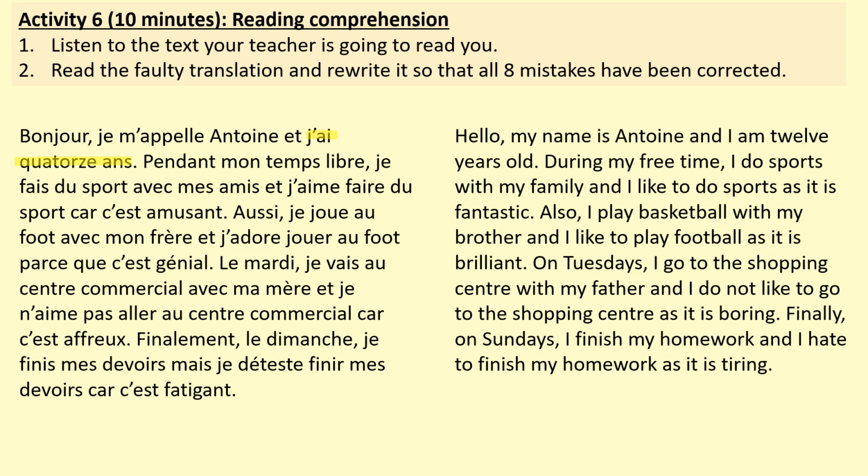So we should be correcting this to I am 14 years old. You need to find the other 7 mistakes in the text. While you're working out these mistakes, please pause the video and then press play again when you're ready to go through the answers.